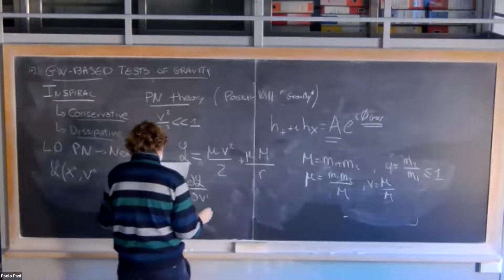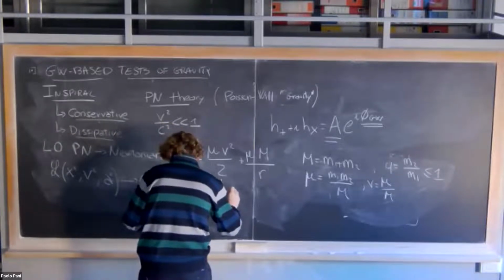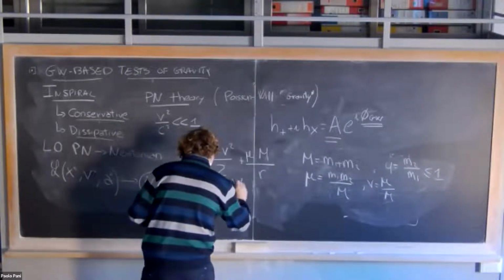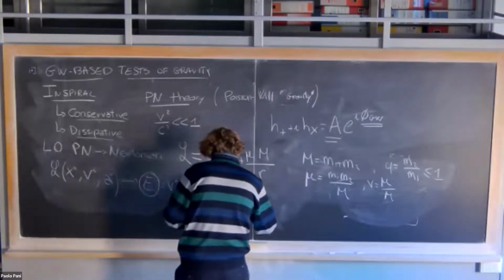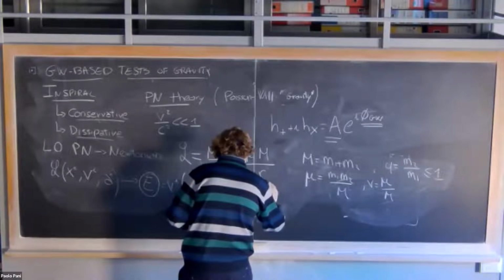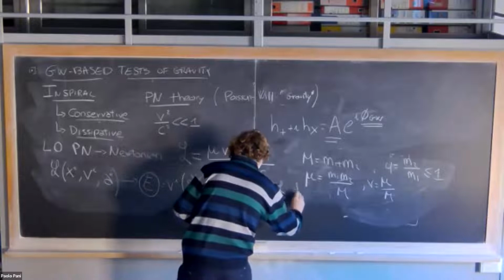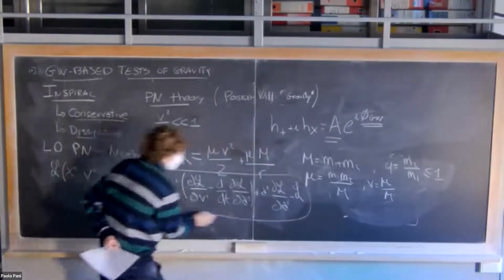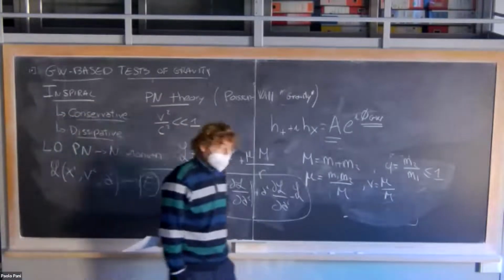Although we're not going to do the computation. Okay, so this is the generic expression that one can use in Lagrangian mechanics to compute the energy of the system given a Lagrangian.